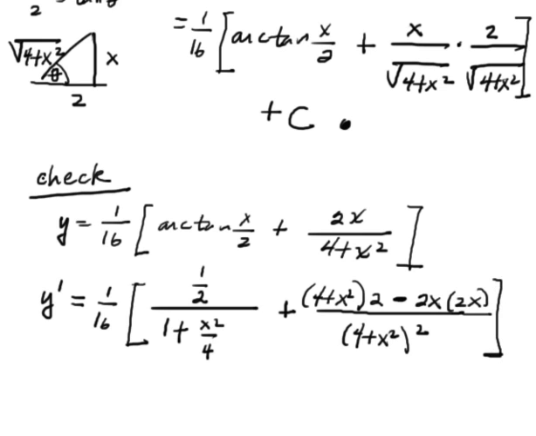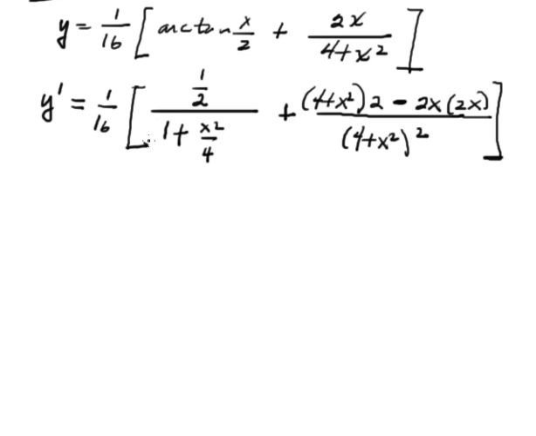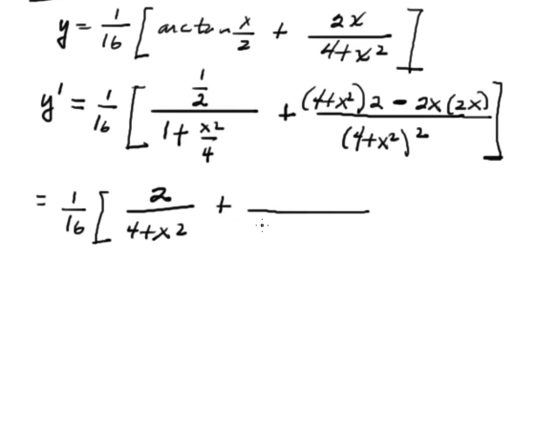All right, so let's continue. Let's first of all simplify this first fraction over here. What we'll do is multiply top and bottom by 4. So here we get, in the denominator, 4 plus x squared, and in the numerator we get 2. And here we get 4 plus x squared, squared.